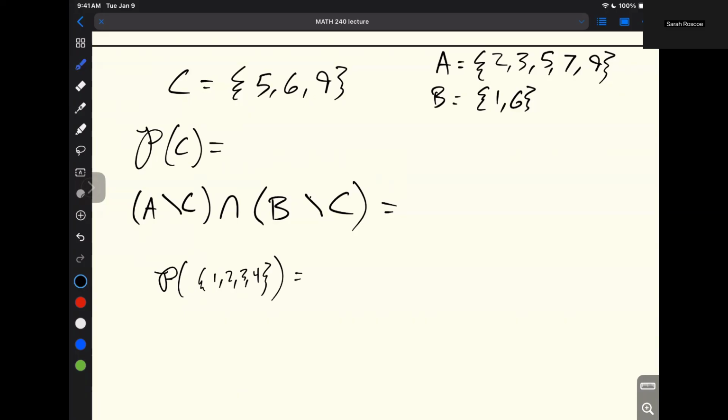And if you finish that, then tell me what the power set of the set containing 1, 2, 3, and 4 is.